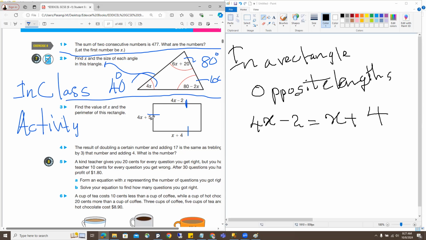Again, these two sides are also equal, but we can't get an expression because they haven't given us any expression for this side. They have only given us for the top and the bottom. So we equate them. Now 4x minus 2 is equal to x plus 4. Now find the value for x.